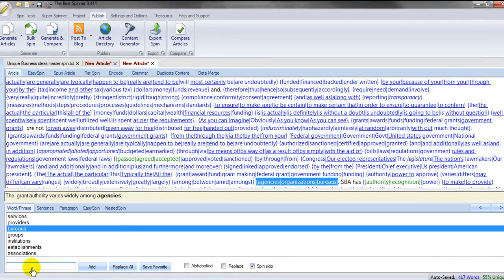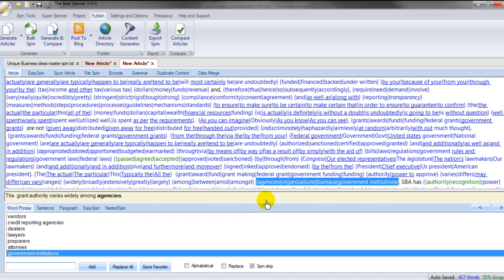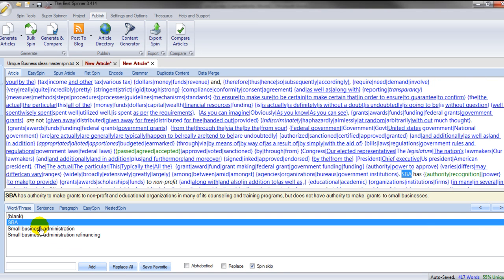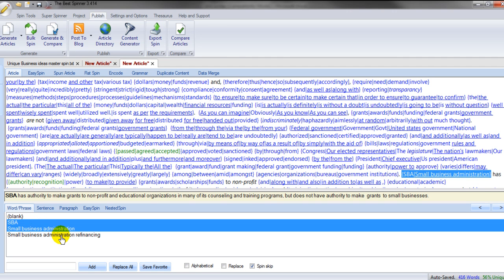Maybe write down government institutions. Government institutions. So even SBA, we can use Small Business Administration.